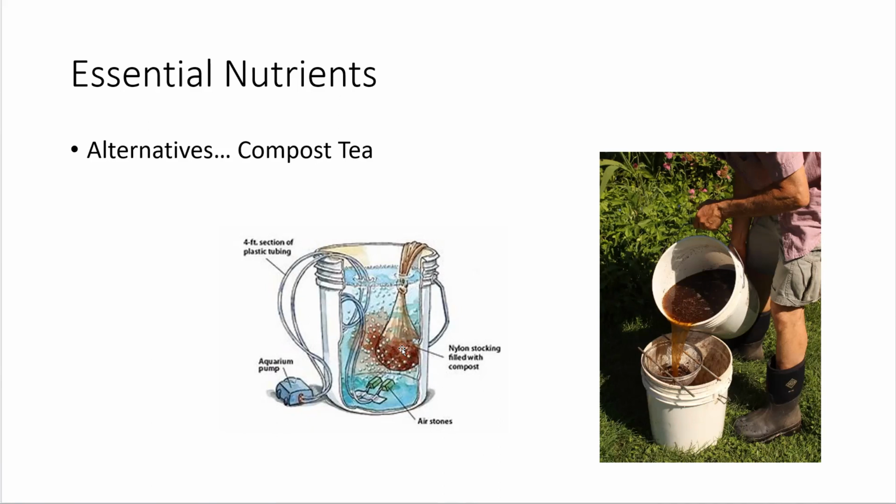And so you actively aerate it overnight, up to 24 hours. And what that's doing is all the beneficial bacteria, all the good bacteria, utilize oxygen for their respiration. They're aerobic bacteria.